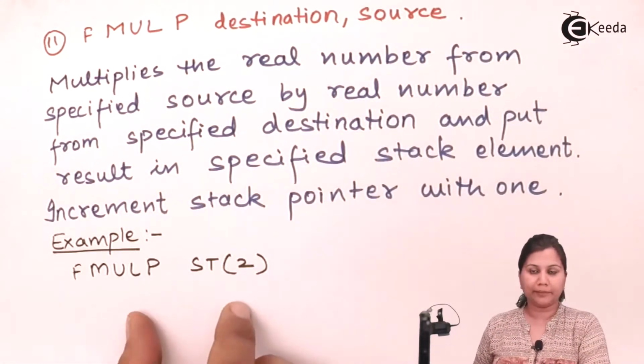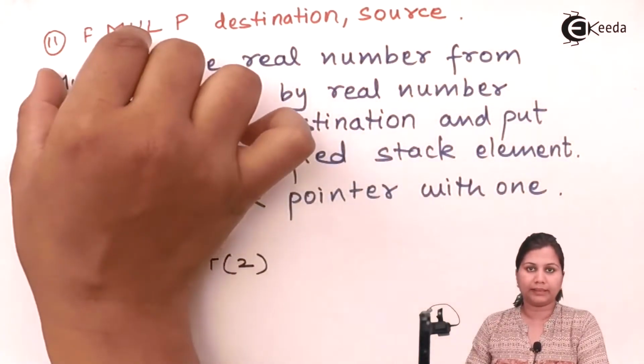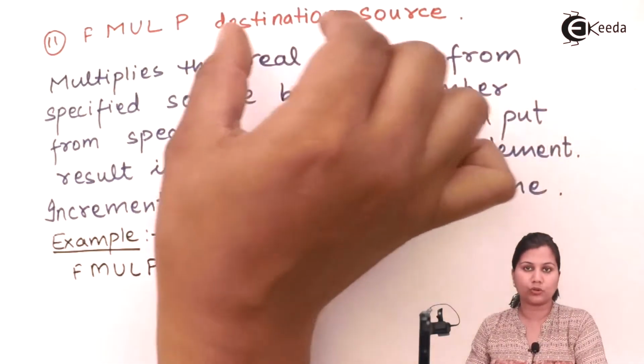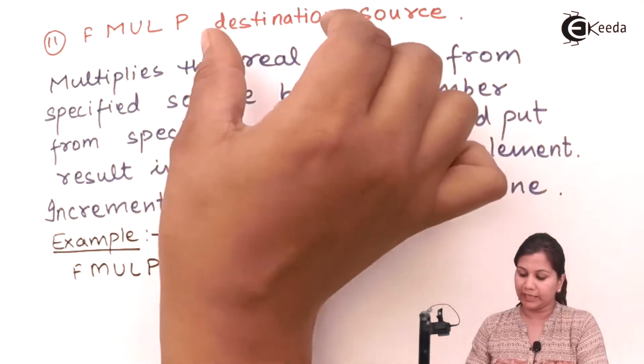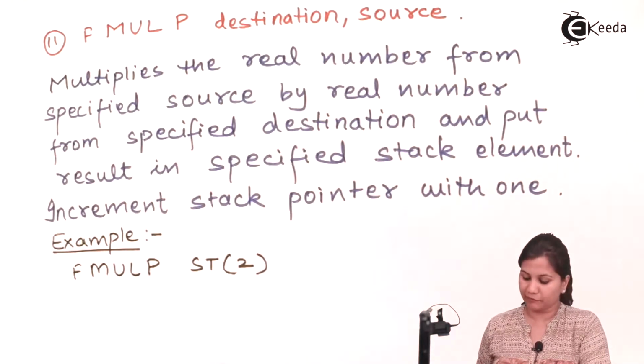So in this example, in the instruction the destination and source both have to be specified. If any one of them is not specified, then the top of the stack, that is ST, is taken as one of the operands.